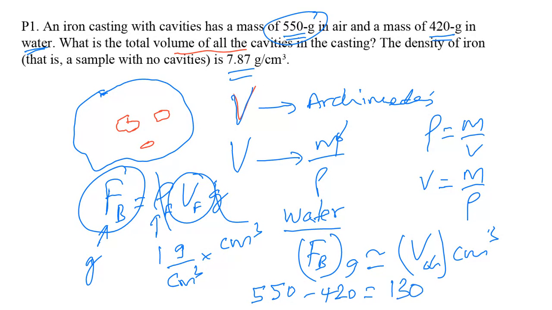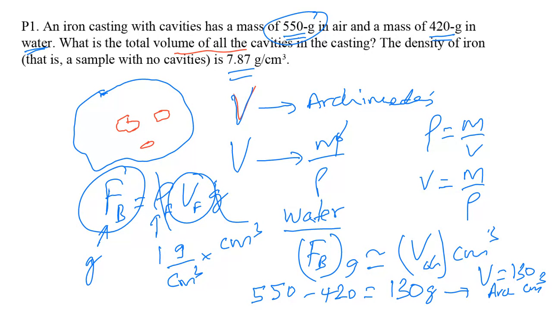So 130 grams is the buoyant force. That means the volume, according to Archimedes' principle, is 130 centimeter cube. This is basically the volume of the metal part plus the cavities.